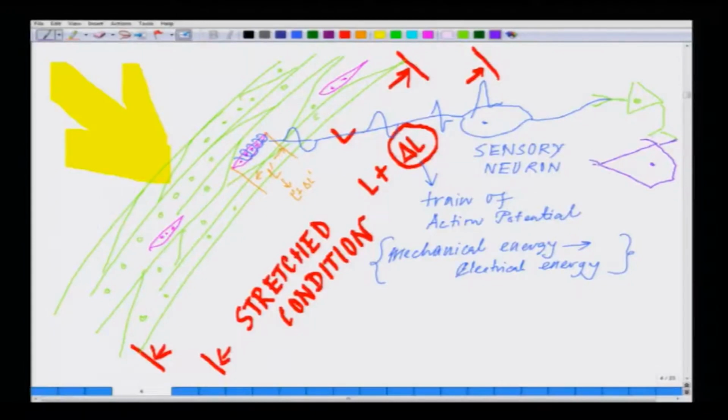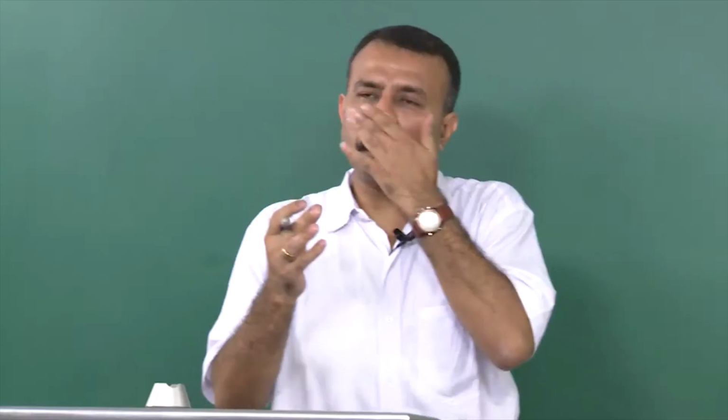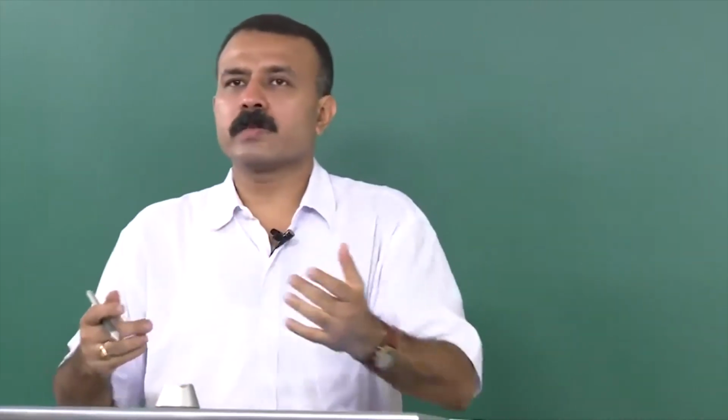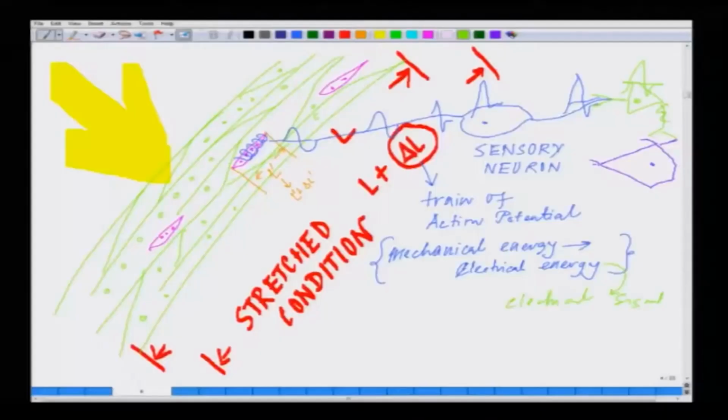So, here this train of electrical signal which came from the sensory neuron is now transmitted to the interneuron. So, this mechanical to electrical signal now moves to another set of electrical computation. Okay. From this interneuron, this train, which is now modified, the information having been decoded, is transmitted in the form of electrical current to the motor neuron.